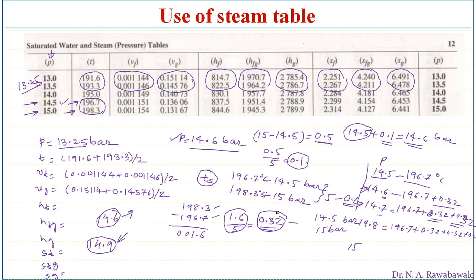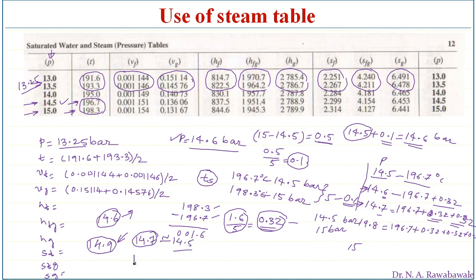Sometimes we need to interpolate if we want accurate answers, and if we don't need an accurate answer, then we can approximate. If it is 14.6 or 14.7, then it is taken as 14.5 approximately, and the properties at 14.5 are copied.